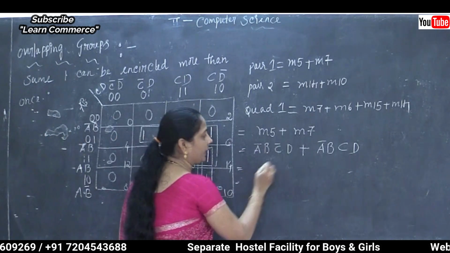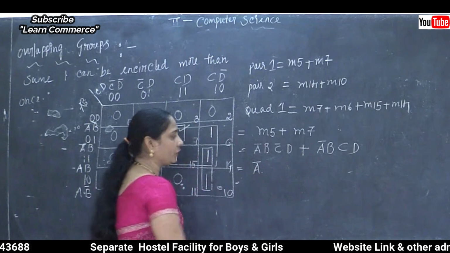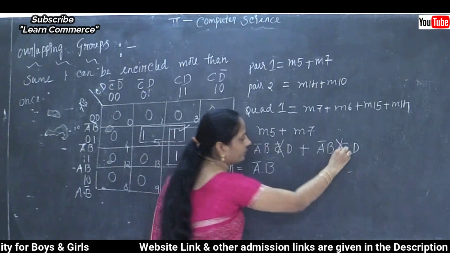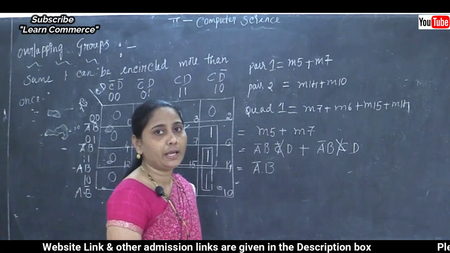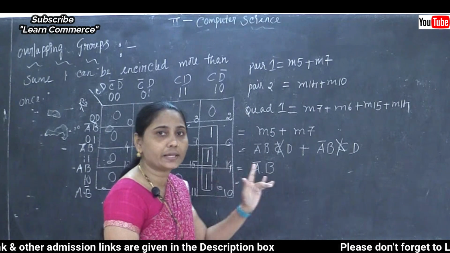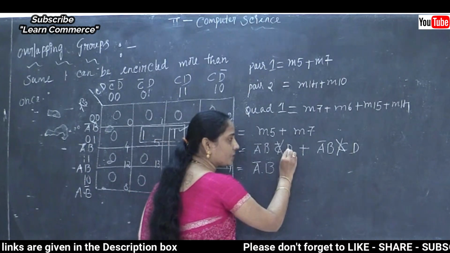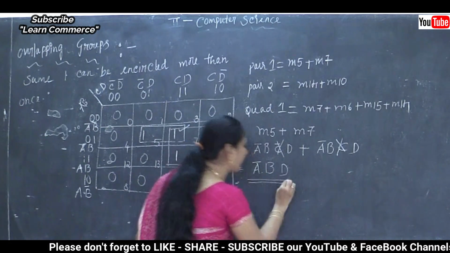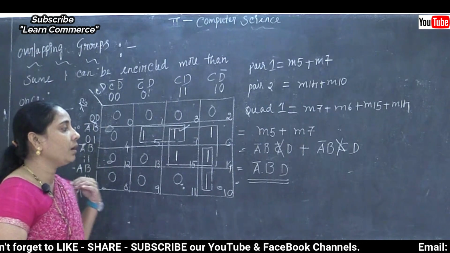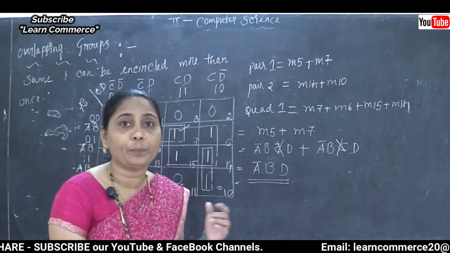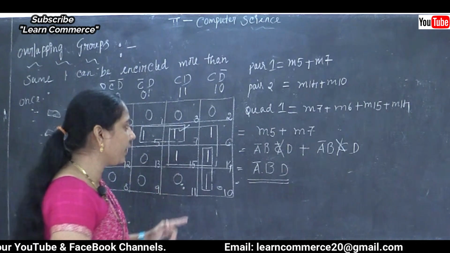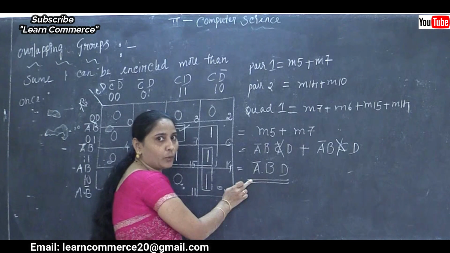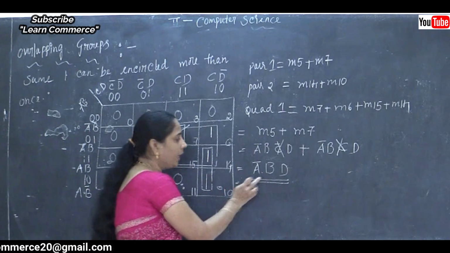Now when making the comparison, complement A we take as it is, B also as it is. When comparing the third variable, complement C in one expression and just C in the other, we need to remove that variable, and there is no change in the last variable, D. So the final reduction of the pair M5 and M7 is complement A, B, D. We read it as complement A and B and D, with the dot symbol in between.